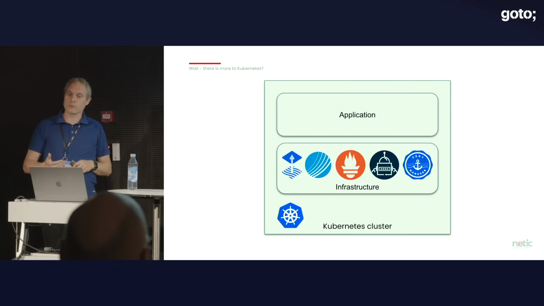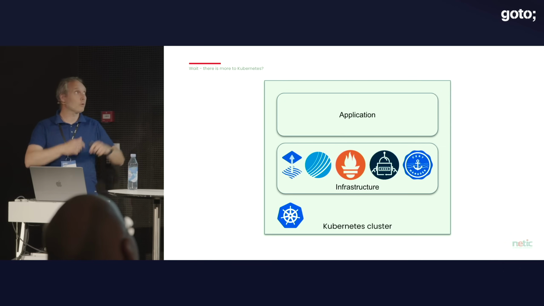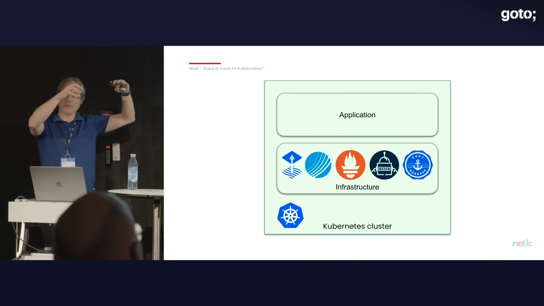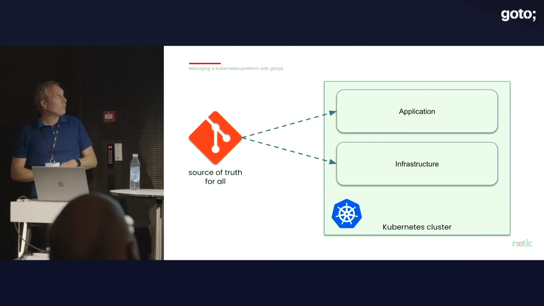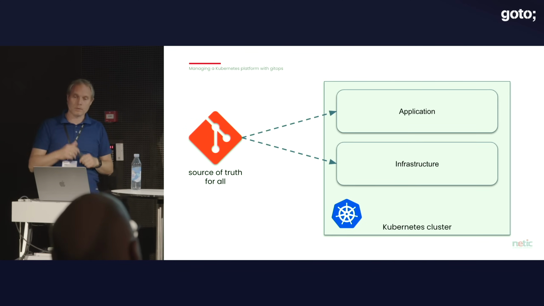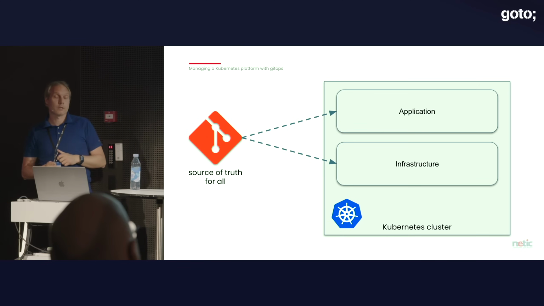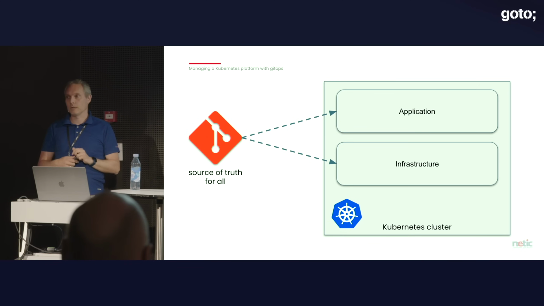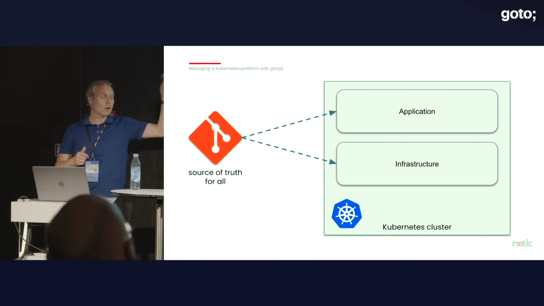We want the same ingress controller to run in our staging environment as we are running in our production environment, so that when we are changing the application, we are testing the application and we are not testing changes to the infrastructure. So we want this source of truth for both the application and the infrastructure. Actually, in our case, the first thing that goes into a Kubernetes cluster when it has been started up, whether it's on-premise or in some public cloud, is the GitOps agent. And then we can start rolling out all the other stuff here.